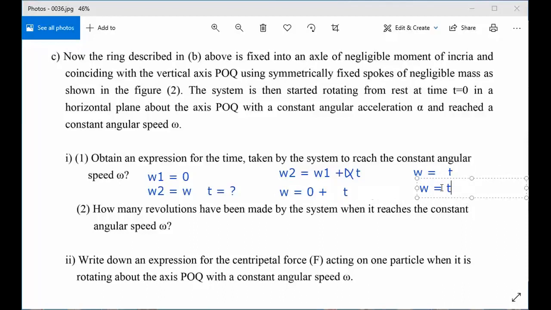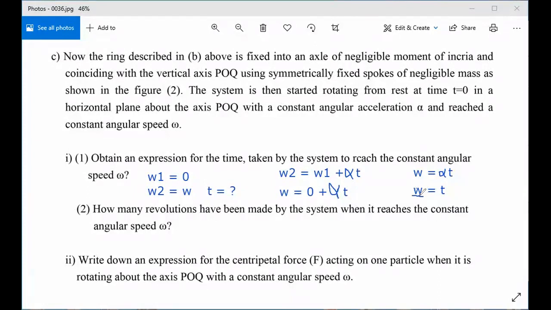Let me write alpha, right? Omega 2 equals omega 1 plus alpha t. Omega 2 is omega, omega 1 is 0, alpha times t. So omega equals 0 plus alpha t, which means alpha t, right? Just take alpha to the other side, then you'll get omega divided by alpha.